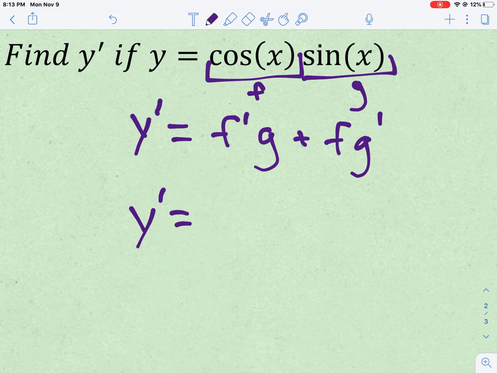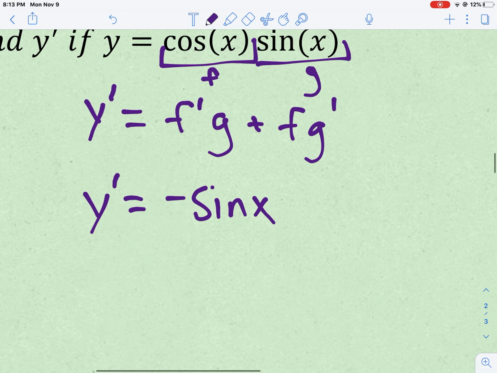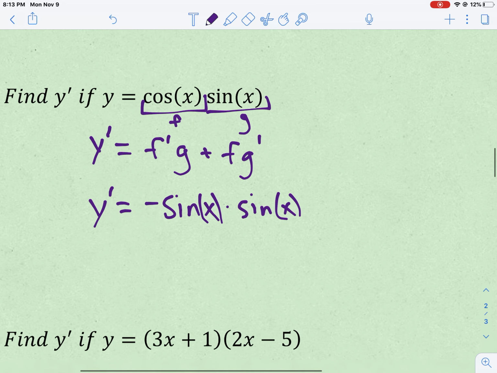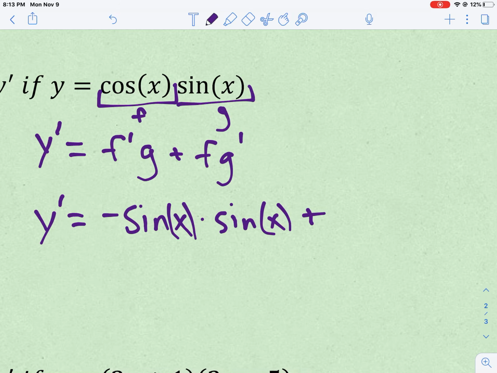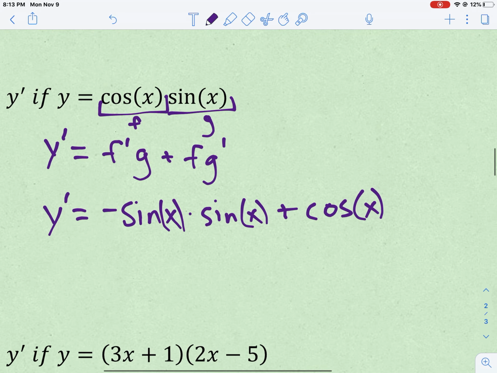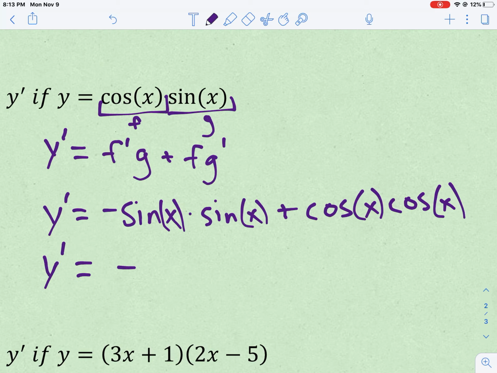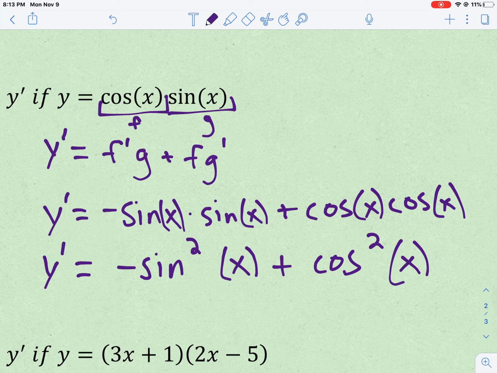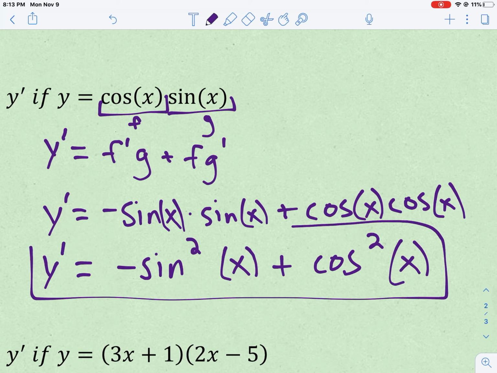So y prime equals f prime, negative sine of x, times g, which is the sine of x, plus f, which is the cosine of x, times g prime, which is the cosine of x. And we can actually simplify this one. Negative sine squared of x plus the cosine squared of x. Okay? That's it.